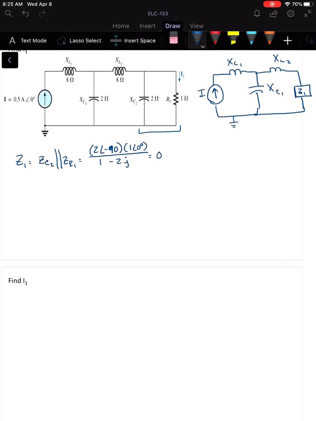So that should give us about 0.89 at negative 26.57 degrees, or in rectangular form, 0.8 minus 0.4J. Okay, so there's Z1. The next step would be to combine Z1 and ZL2.